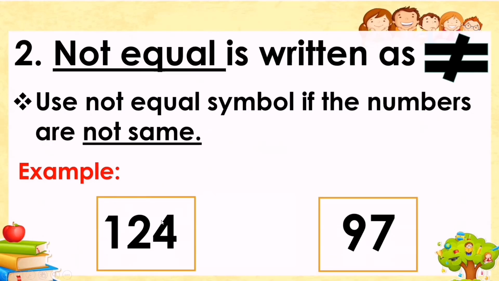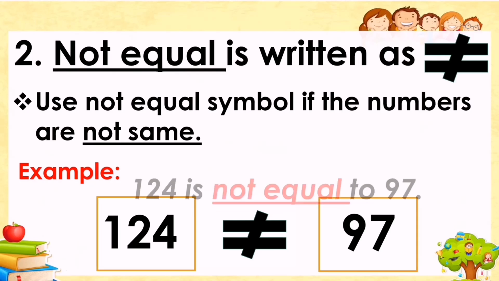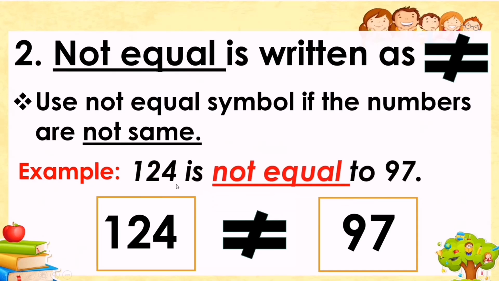So if you are going to compare 124 and 97, is it the same or not the same? Okay, so they are not the same. So you are going to use the symbol not equal. Okay, so in sentence, you can say that 124 is not equal to 97. Okay, so that is the not equal symbol.